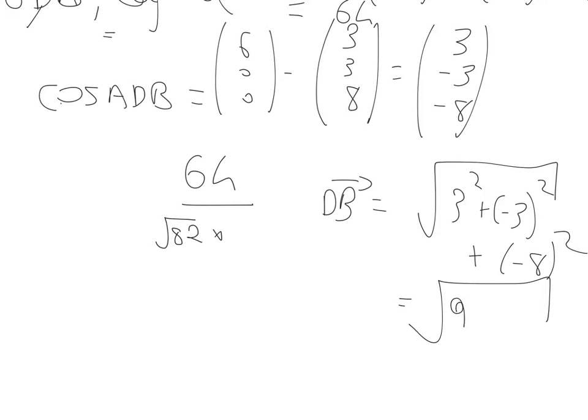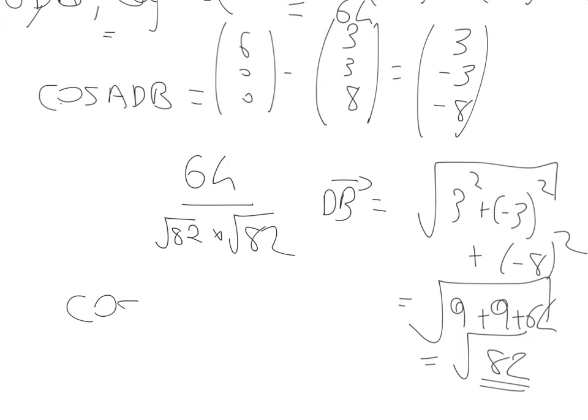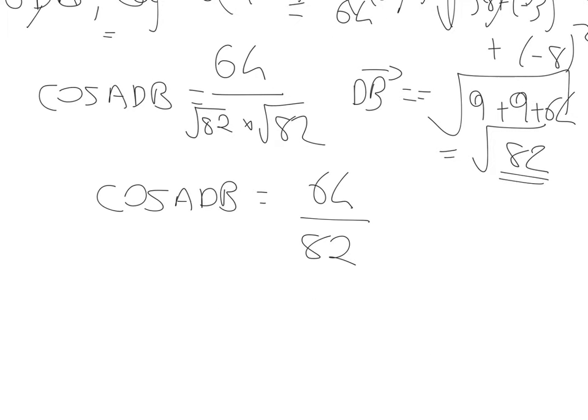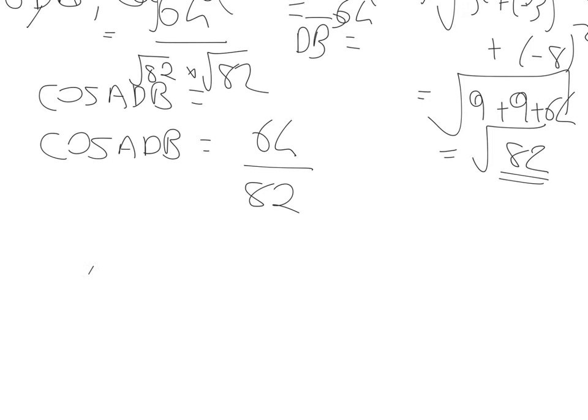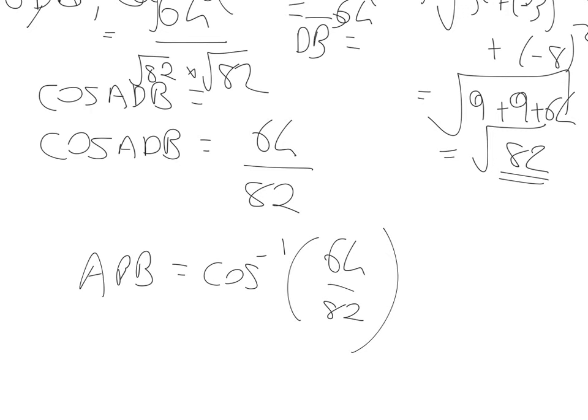So that's the square root of 9 plus 9 plus 64, which is also root 82. Root 82 times root 82 is 82, so I've now got cos ADB is equal to 64 over 82. ADB is equal to cos inverse 64 over 82. So I'm going to enter that into the calculator, and that will give me 30.7 degrees, and that's the final answer.